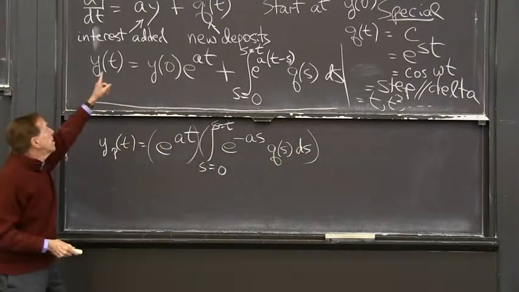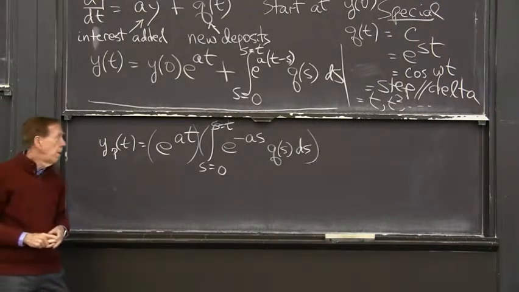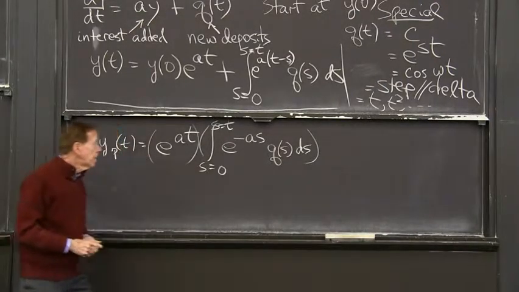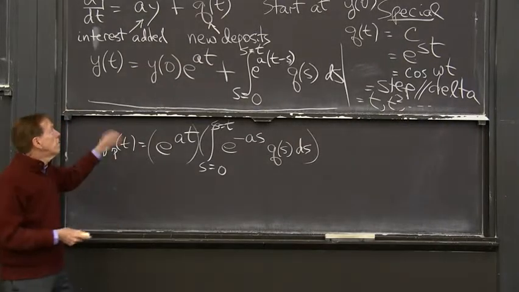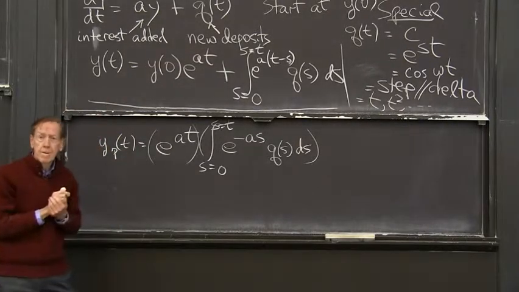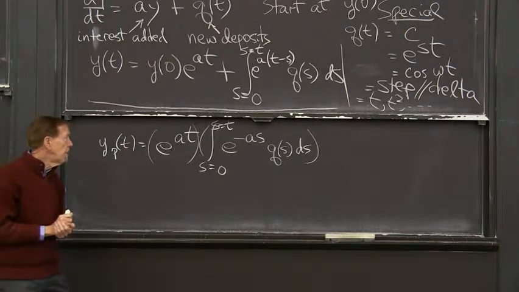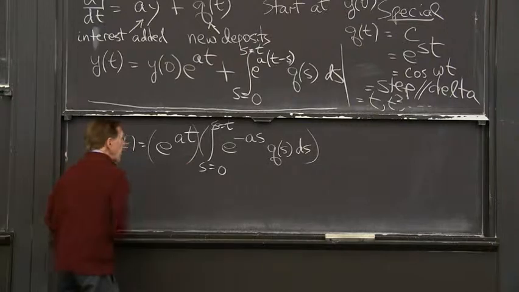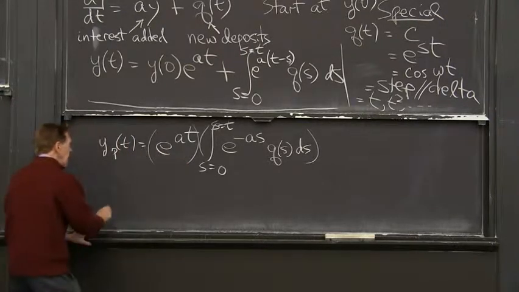And when I put it into the differential equation, I'll use the product rule. So the derivative of that product will have two terms from the product rule. And those two terms will be, if all goes well, the two terms in the differential equation. So can I take the derivative of this by the product rule? So I take the derivative of the first thing.